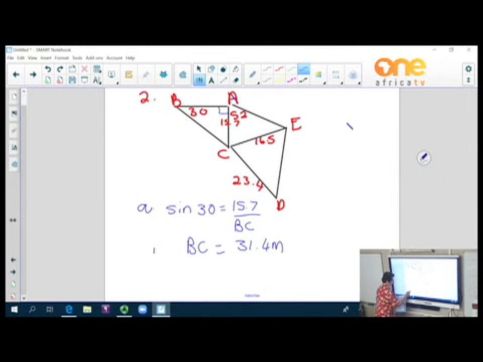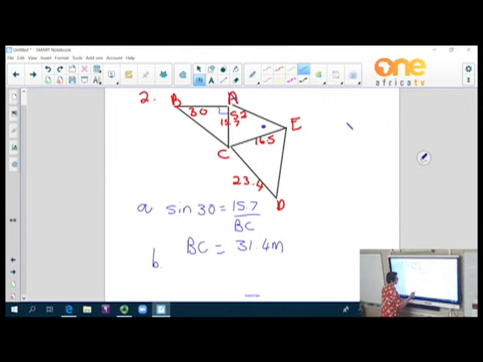Number B. Use the sine rule, so they tell you what to do, to calculate angle AEC. This is what we want to calculate now here. And show that. You may not start with that. A show that question means you have to get the answer there.